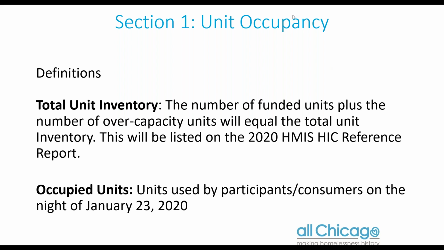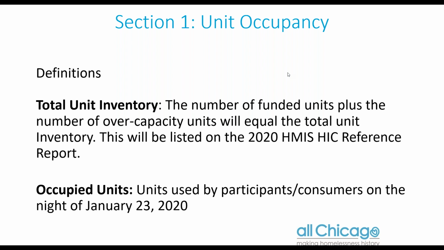And then the occupied units are the number of units used by participants or consumers on the night of the 23rd. So in that last example of 100, I had 50 families occupied and I had 50 singles occupied. That would have meant that I had 100% occupancy.